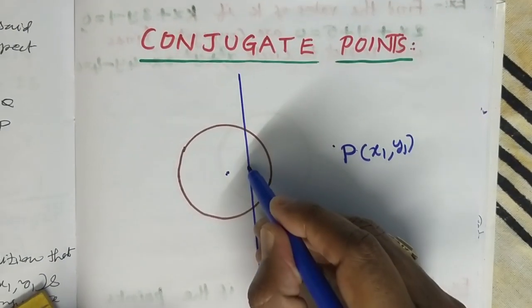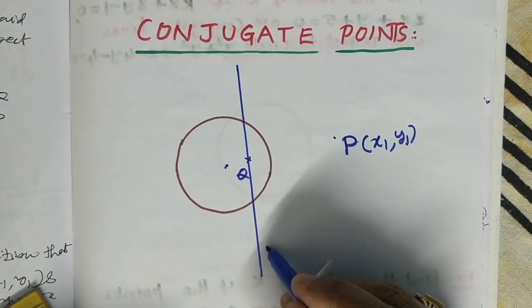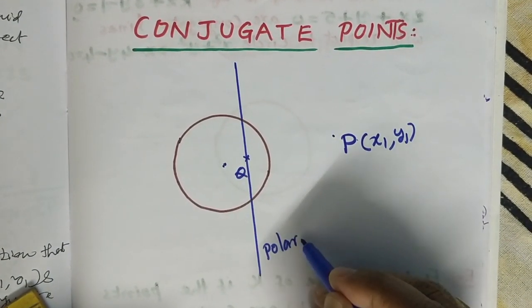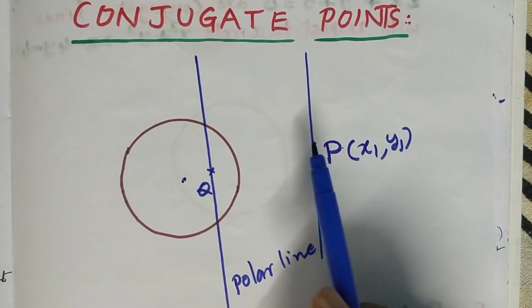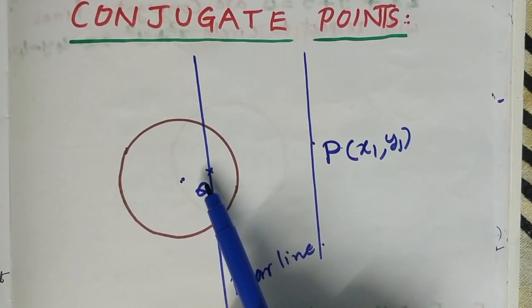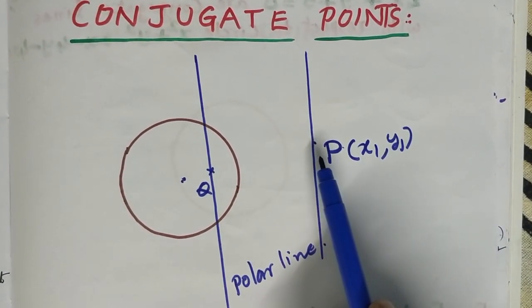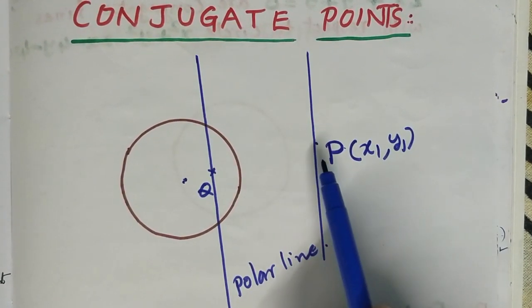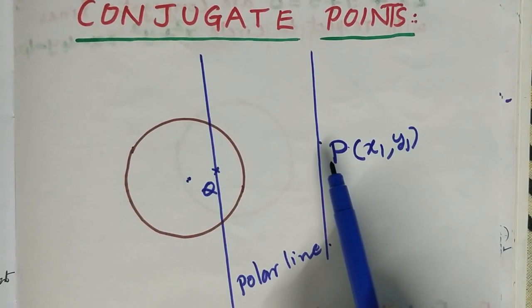Suppose Q is a point on this polar line. See that Q lies on the polar of P and P lies on the polar of Q. Then P and Q are said to be conjugate points.